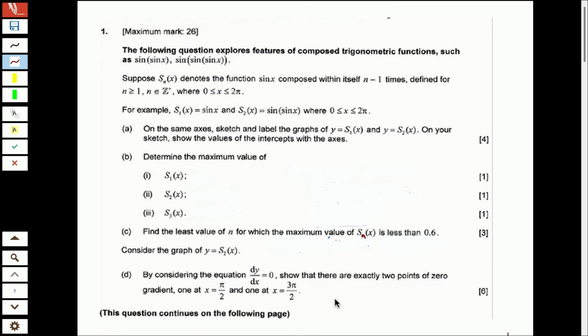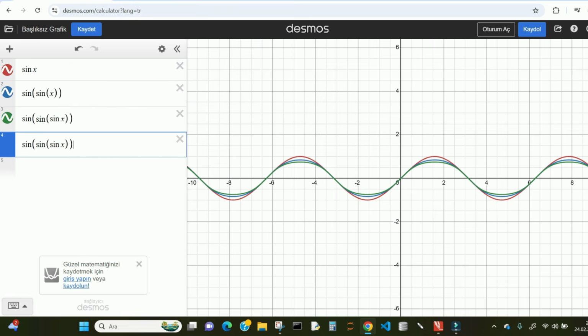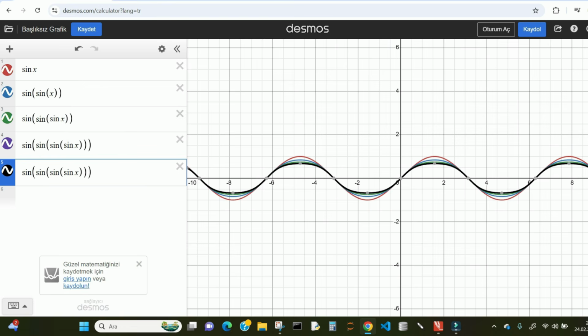Next question is find the least value of n for which the maximum value of S_n(x) is less than 0.6. Okay, we can just copy this one and write sin at the beginning again. Let's check it. Still we need to write sin again. The black one, we need more.